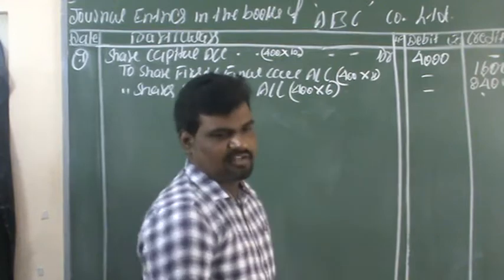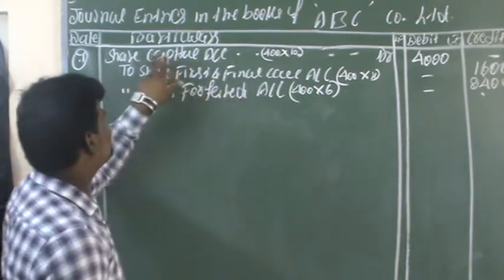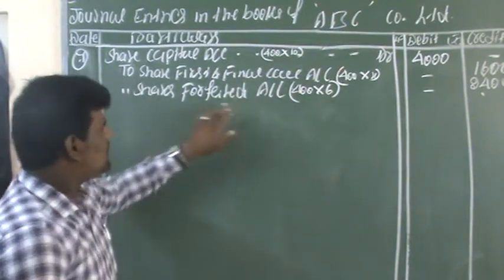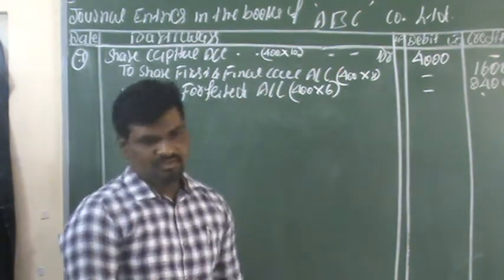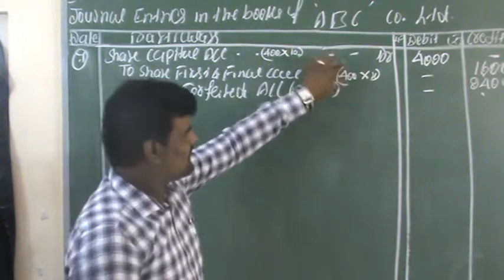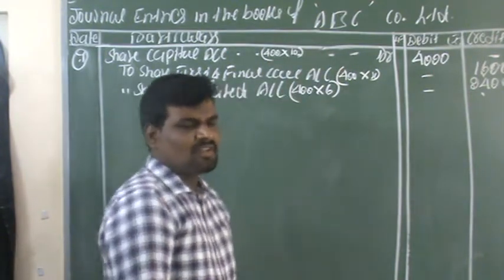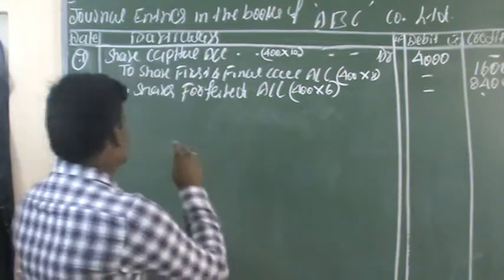Further, shares were forfeited: share capital account debit, share first and final call account debit, share forfeited account credit. This is the allocation of calculation for these forfeited shares. Now we need to give the narration about the transaction.